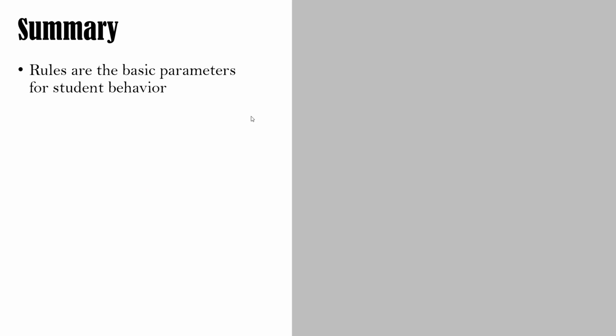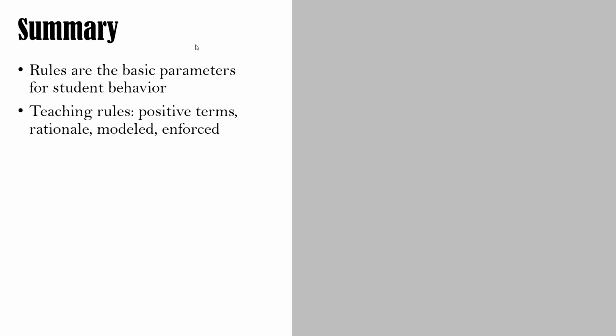All right, so just to provide you with a summary, we talked about rules, how they're the basic parameters for student behavior. Make sure that we have a smaller number and they're really clear and concise, so typically about 3 to 5. And when you teach rules, make sure that the rules are stated in positive terms, and that you provide the rationale for why you have the rule.